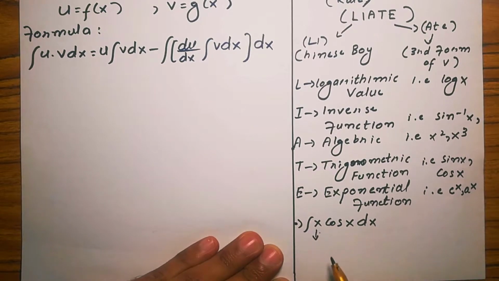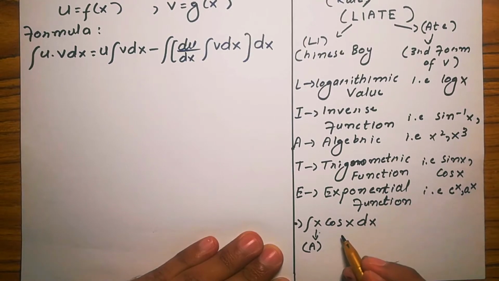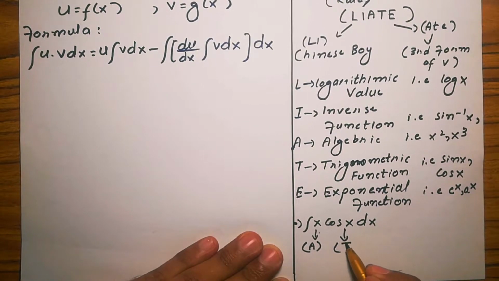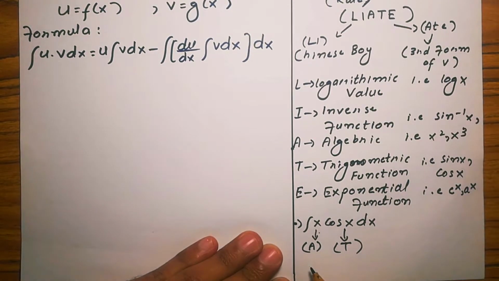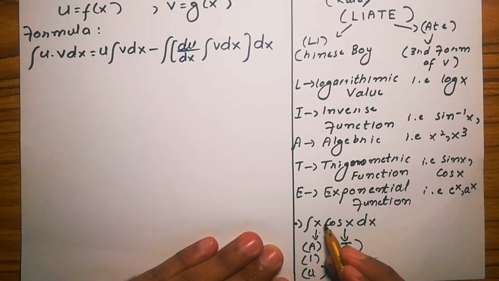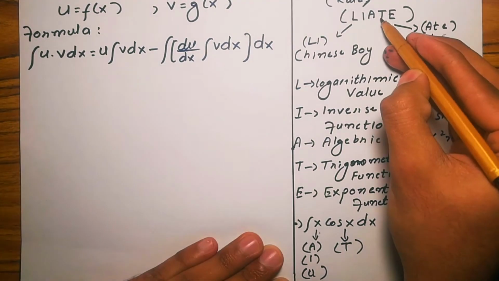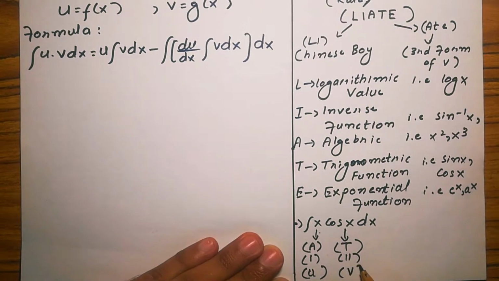The first function is algebraic, so I am mentioning it as A, and the second function is trigonometric, so I am writing it as T. As we can see, A is coming first, so A is the first function, and the first function is u. So we will consider x as u, and the other function is trigonometric, T coming after A, so it's the second function, and the second function is v.